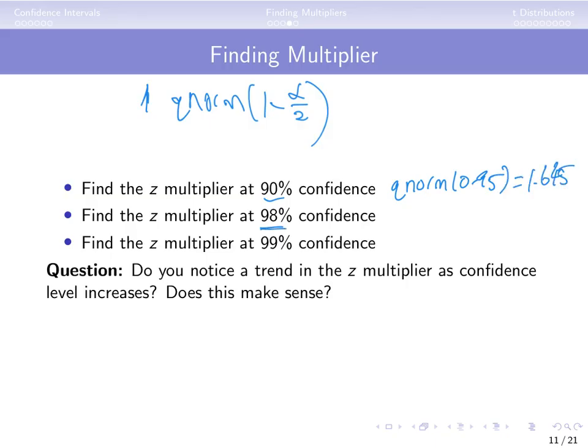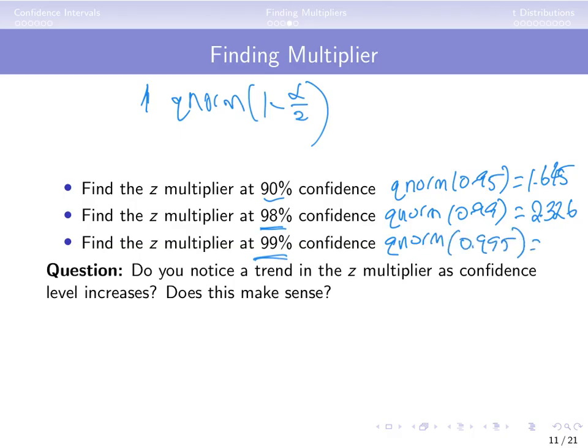At 98% confidence, your alpha is 0.02, so you will type in qnorm 0.99, which gives 2.326. And at 99% confidence, you'll type in qnorm 0.995, and that will give you a multiplier of 2.576.